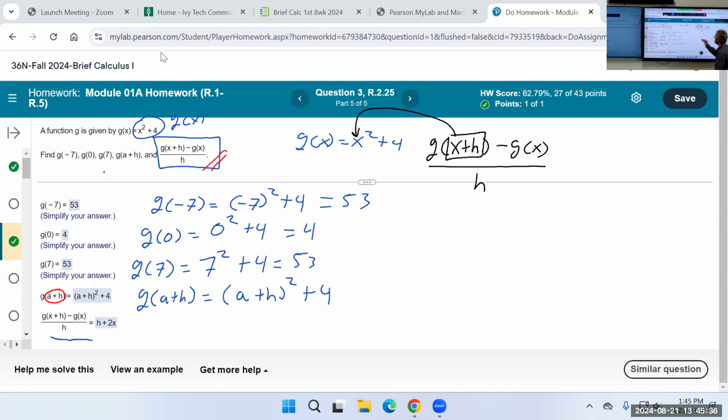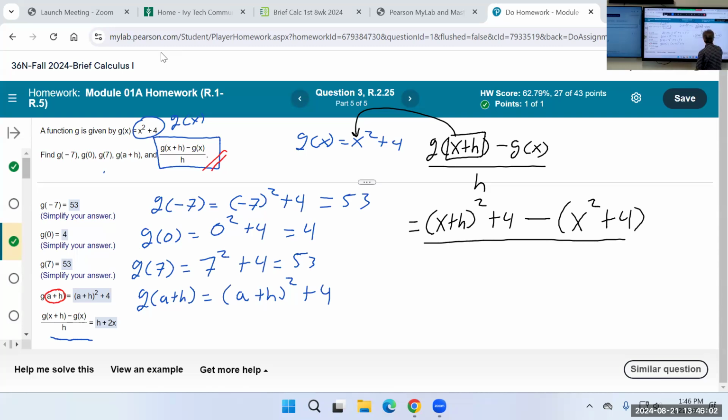So that would be x plus h squared plus 4. That's g of x plus h. And then I want to subtract off g of x. g of x was given to me, x squared plus 4. I'm going to put parentheses so I don't make a mistake. I'm going to subtract off the original function, and then I'm going to divide by h.